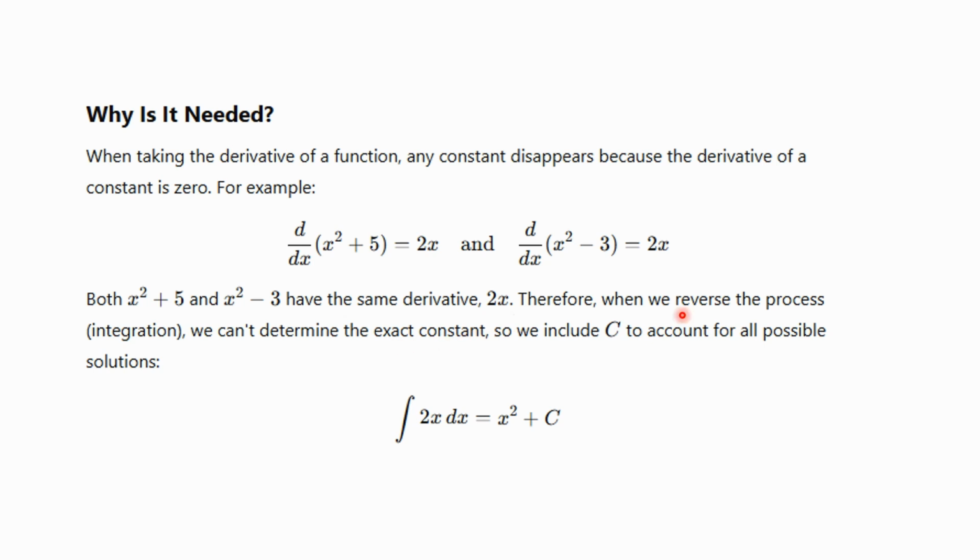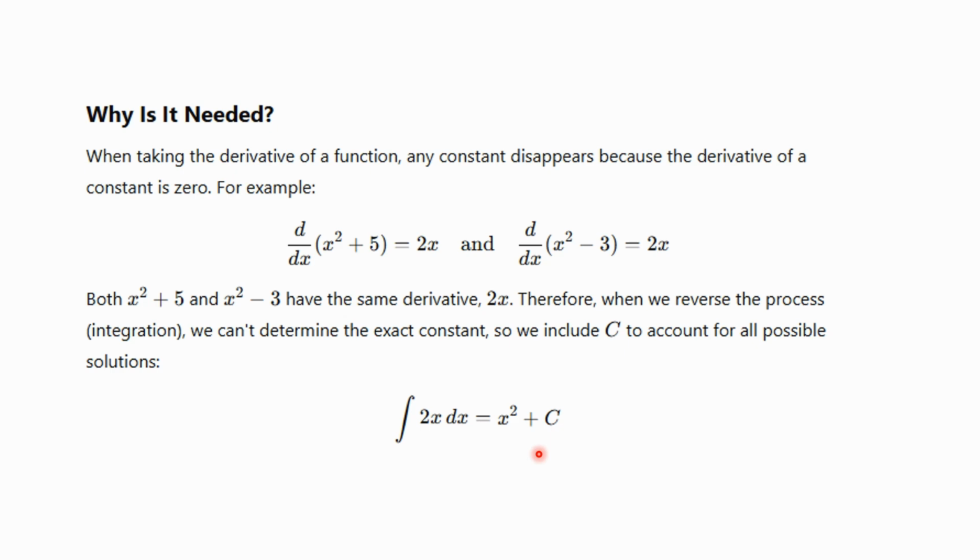Therefore, if you reverse that process through integration, we can't determine that exact constant. Once we're down to 2x and going the other way, I don't know if it's supposed to be the minus 3 or the plus 5. So we just tack on the c to account for all possible solutions. In other words, the integral of 2x dx is x squared plus c. So we add that constant. Hopefully that clears that up.